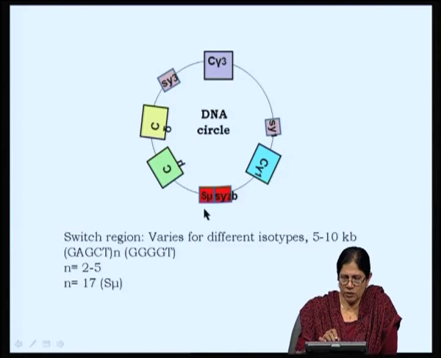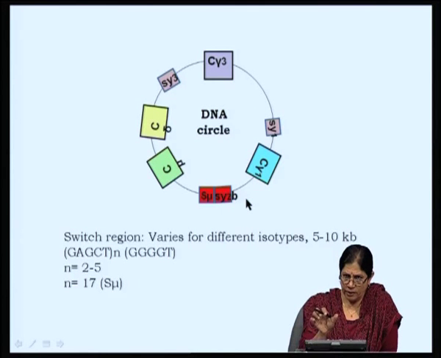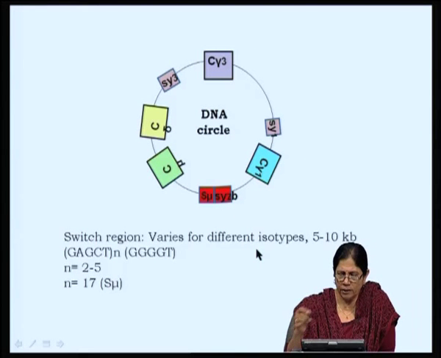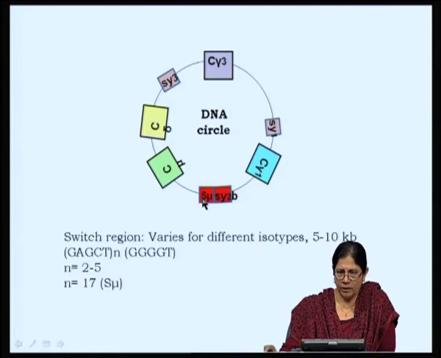Now, the switch region is seen between the S mu and S gamma 2b on the rearranged DNA, and a part of it which is excised out is seen even as a circle in the cells which are undergoing switch recombination. Now, the joining would take place even in the excised one.